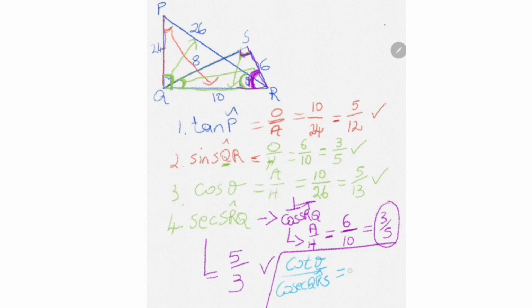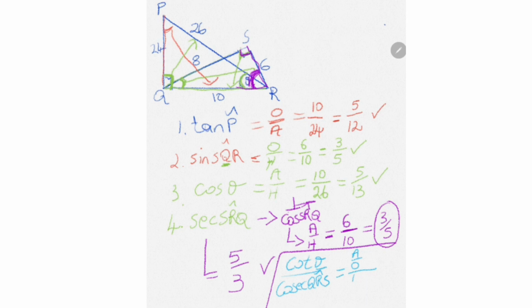Cot is the reciprocal of tangent. Tangent is opposite over adjacent. That means cot will be adjacent over opposite. Cosec is the reciprocal of sine. Sine is opposite over hypotenuse.